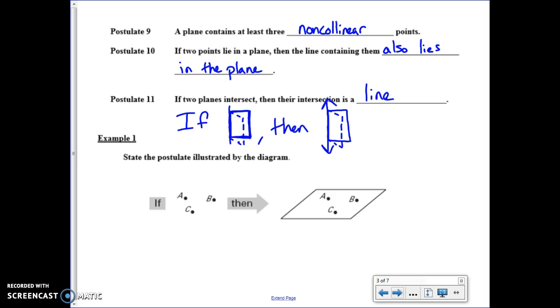Go over that drawing. So now example 1 says, state the postulate illustrated by the diagram. And you are going for word here. So it looks like if 3 points, then points inside a plane.